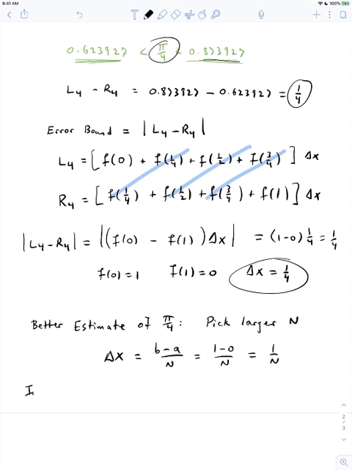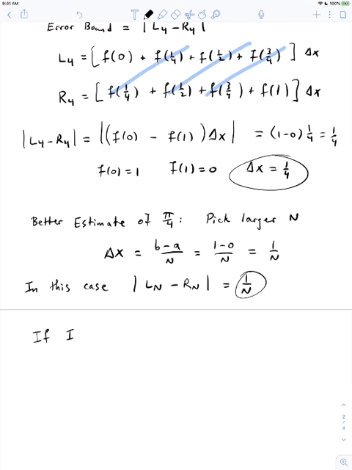So in this case, our Ln minus Rn is equal to 1 over n. So by choosing n really large, you get this error bound to be really small.